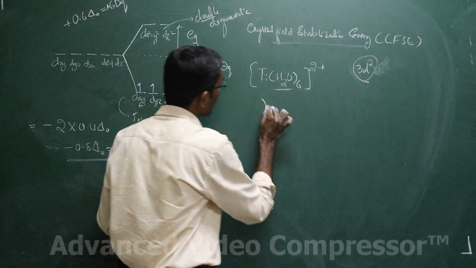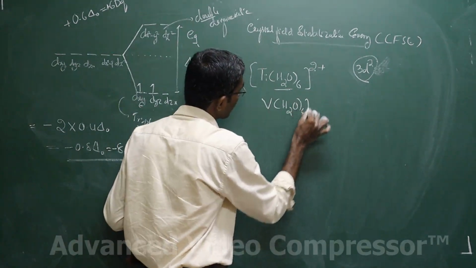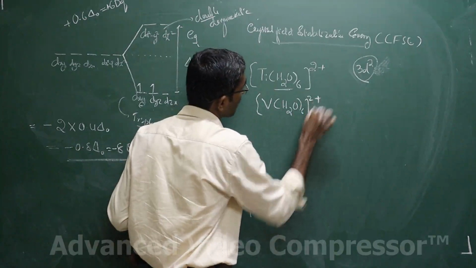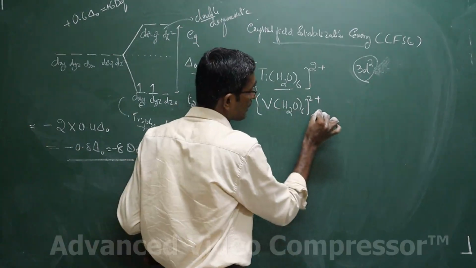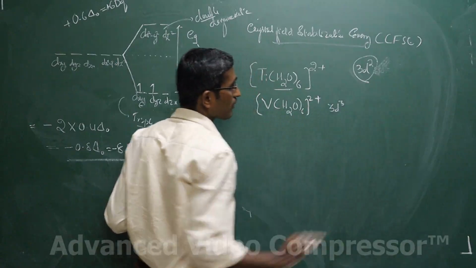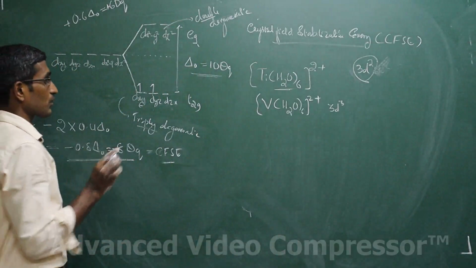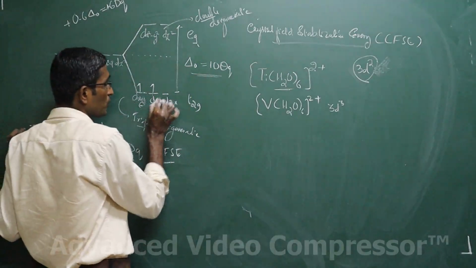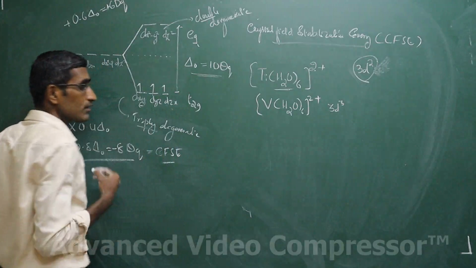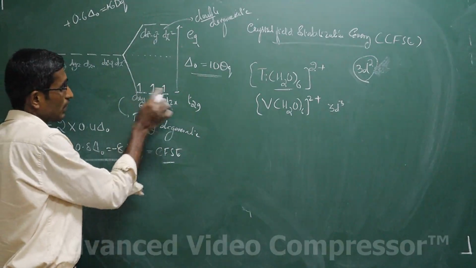I will take the same one, the vanadium aqua complex, [V(H2O)6]2+. Vanadium is 23, so it is a 3d3 system, as 2 electrons of the s orbital have been removed. You have 3 electrons, can I fill 1, 2 and 3 electrons like this? Right? So this is a 3d3 system, 3 electrons.